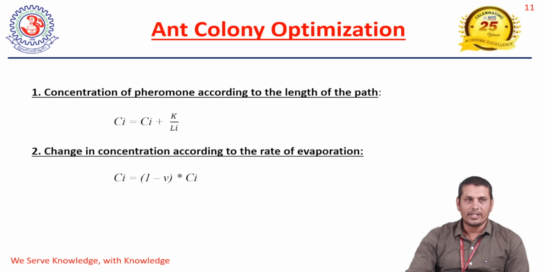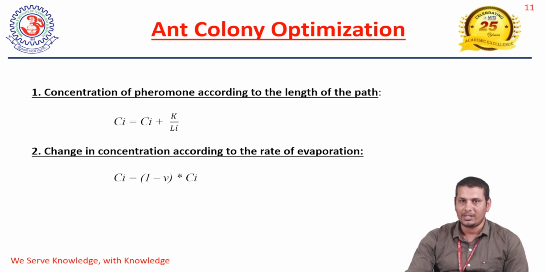How is the concentration of pheromone going to be evaluated? We always said the ants are going to follow their pheromone concentration or percentage. Whenever the chemical substance is released initially, the intensity of the smell is going to be more.